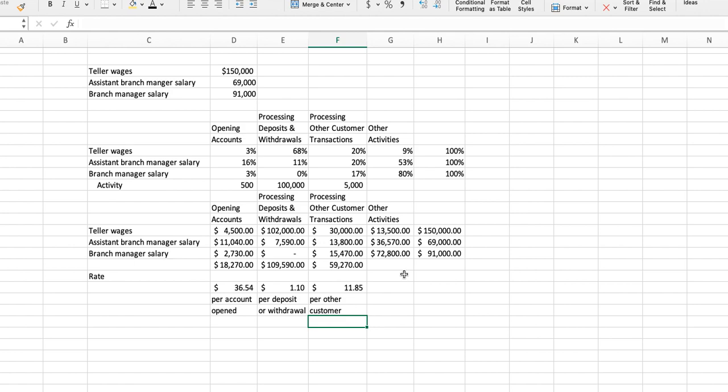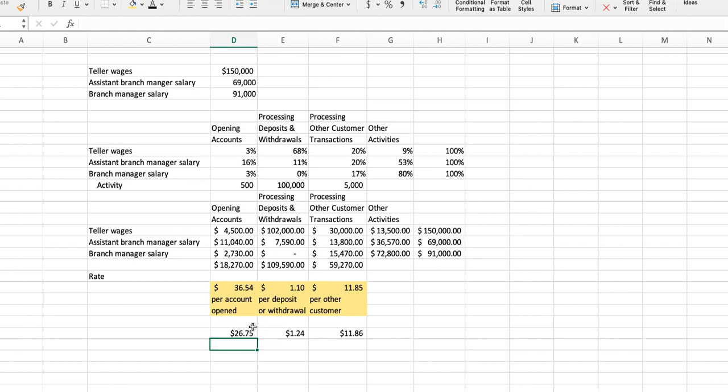And so now we've got this information, what do we do with it? So one thing we can do is compare it to other branches, for example. So let's say we took all of this information and this is our answer, so to speak, from our analysis. And we said, okay, at this other branch, it's $26.75 allocated, it's $1.24 allocated, and it's $11.86 allocated.